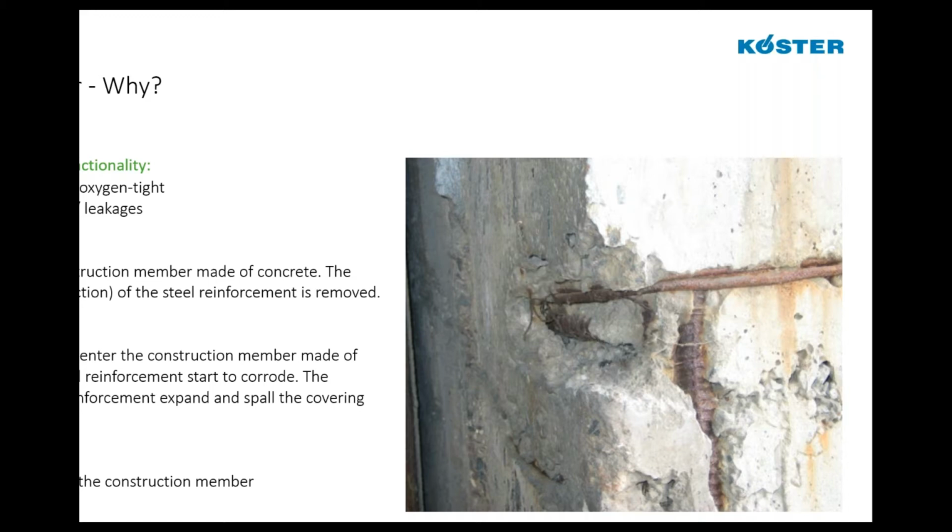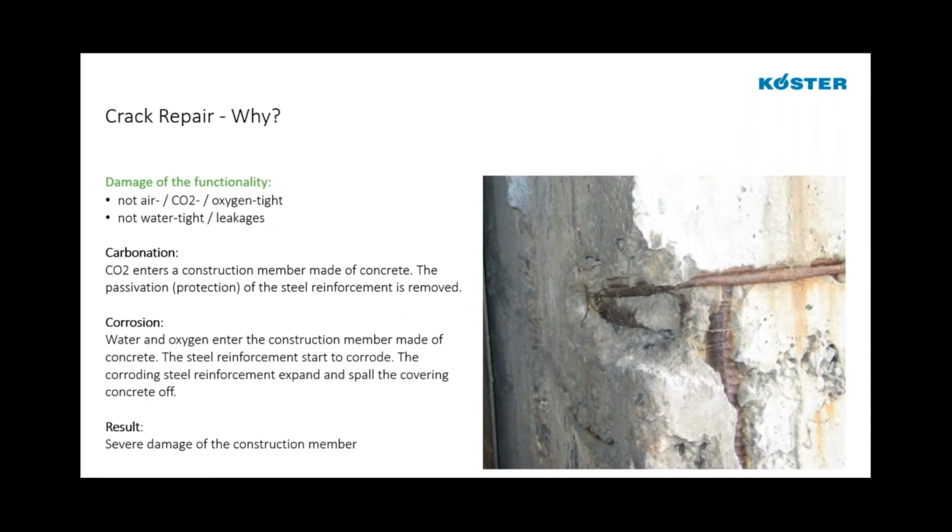As water and oxygen enter the member, they come in contact with the steel reinforcement, which causes it to corrode, which can expand and cause spalling and blowouts of concrete, as well as loss of functionality and severe damage of the member, not only aesthetically but functionally. If we lose reinforcement and have spalls and blowouts of concrete, we lose strength and functionality of that construction member.